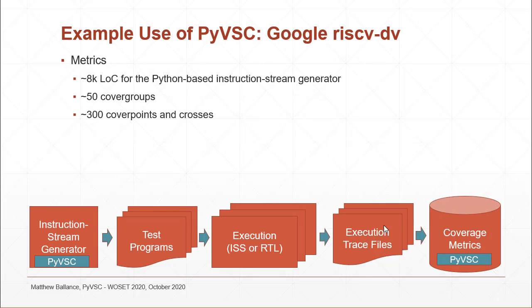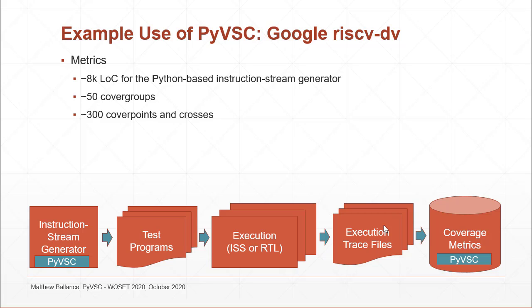So from a Python perspective, just a few metrics I thought might be interesting here about how PyVSC is used in this case. The Python generator is around 8,000 lines of code overall. And I didn't make any attempt really to break that down in terms of how many lines are constraints versus how much is procedural code using the random data.